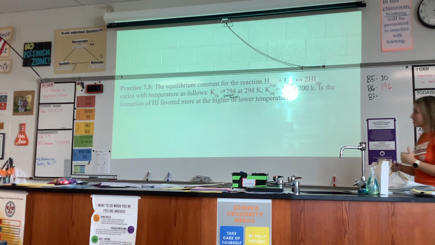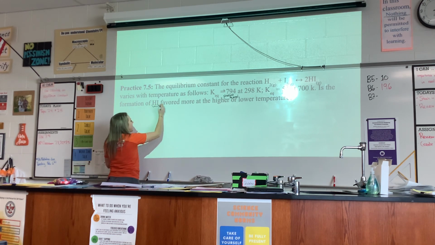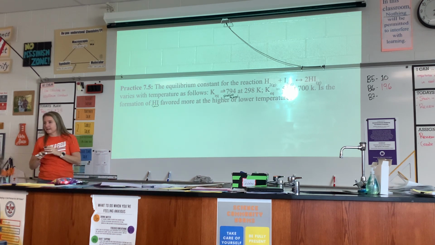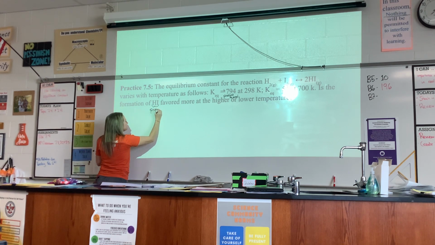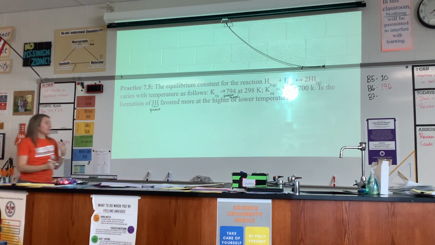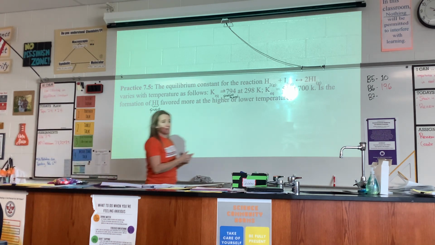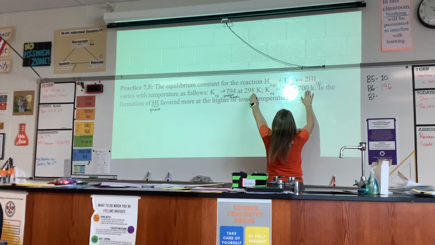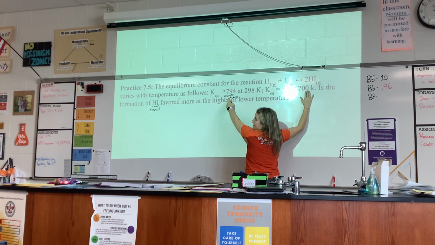The question is: is the formation of HI, so what are we focused on, is HI a reactant or a product? A product. So is the formation of product favored more at higher or lower temperatures? If I compare the two scenarios, the lower temperature gave me more product.